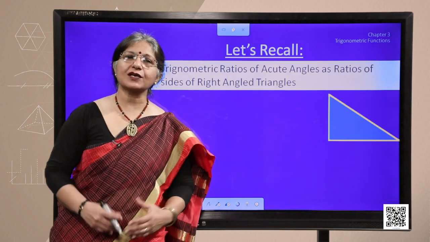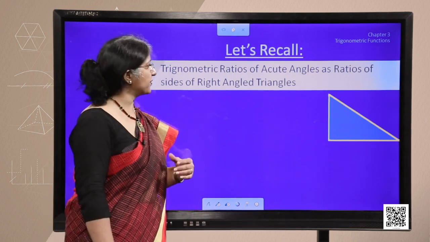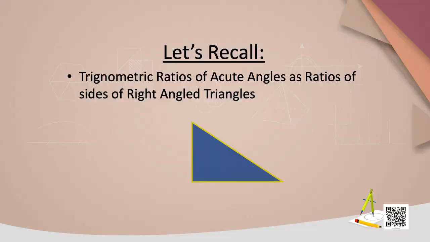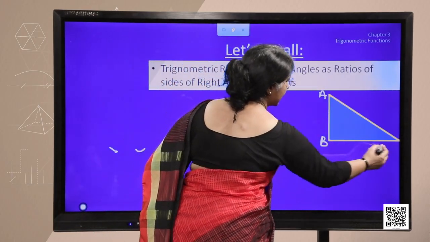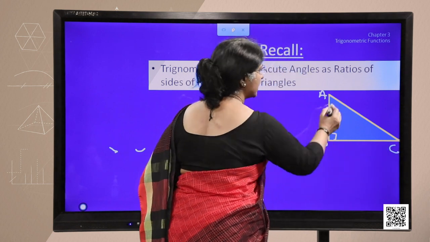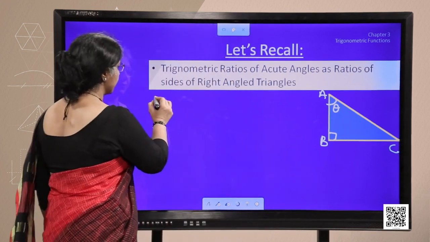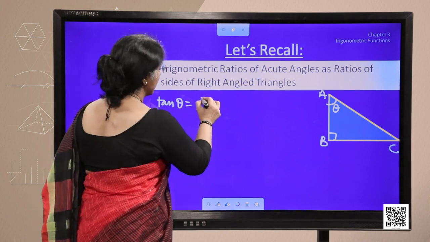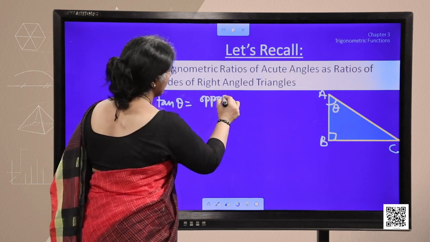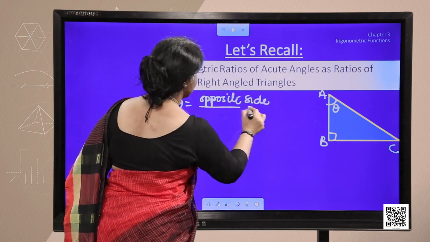Let us recall some basic concepts that we learnt in 10th class. In 10th class, you studied trigonometry as trigonometric ratios of acute angles as ratio of sides of right angle triangles. Let us consider a right angle triangle ABC, right angled at B. If we take one acute angle A as theta, then you must have learnt tangent theta is equal to opposite side upon adjacent side.